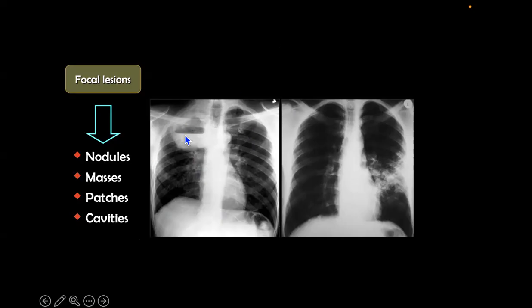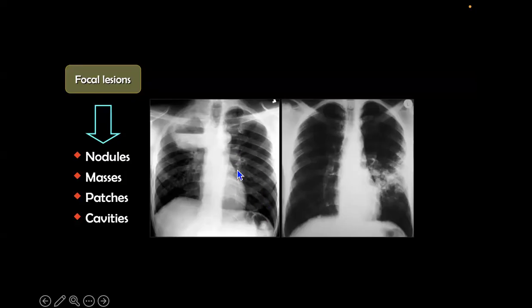As we all know, we have predilection of disease to certain locations in the lung. For example, the lung apices and the apical segments of the lower lobe are very much preferred by tuberculosis in Sudan in particular and in countries like our country. The lingula is a site for malignancy.